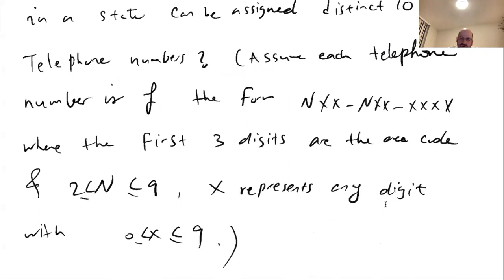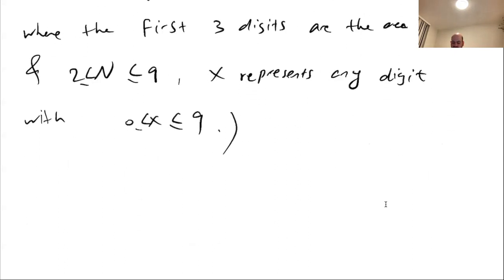To match the problem with the generalized pigeonhole principle, I need boxes and objects. Each phone number is 1 box, and people are the objects. So first, let's see how many boxes we have, meaning how many phone numbers we have of this form.